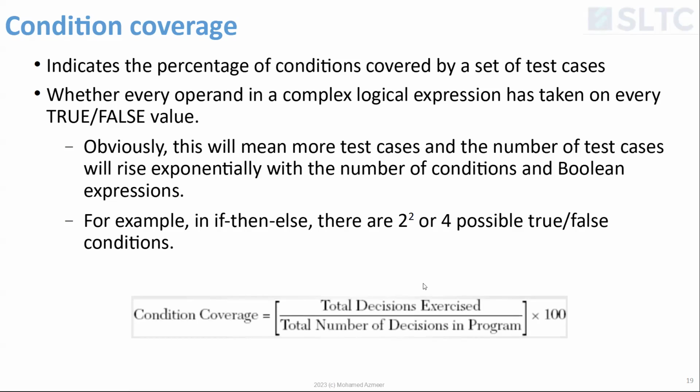Again, like previously, we have total number of decisions in the program, total decisions exercised, and then as a percentage. So sometimes you might have true and false, but then you're not running the false condition, or maybe the true condition, either way, right? So you can only test it by some sort of automated code running.